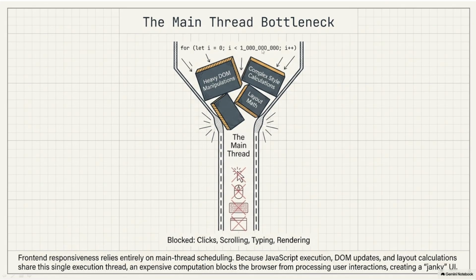Suppose you are doing all those things in a very large loop, then the main thread gets blocked. At this time, if you try to click something or type something, it gets blocked, because the main thread is single threaded and that single thread is performing the loop operation. So if you try to click, scroll or type anything, it gets blocked, and for that reason we get unresponsiveness or the website feels laggy.